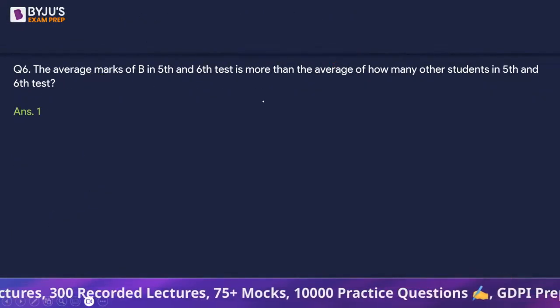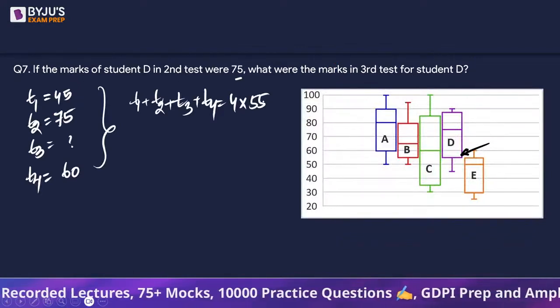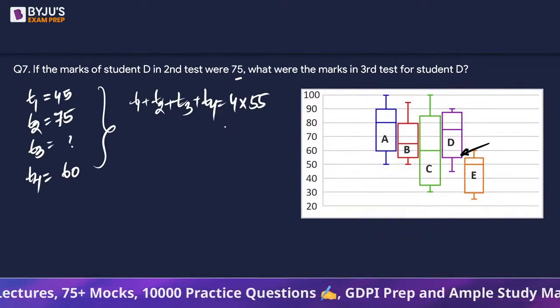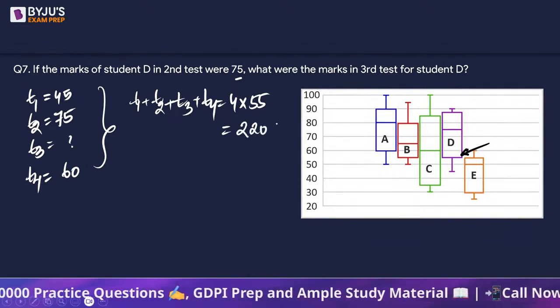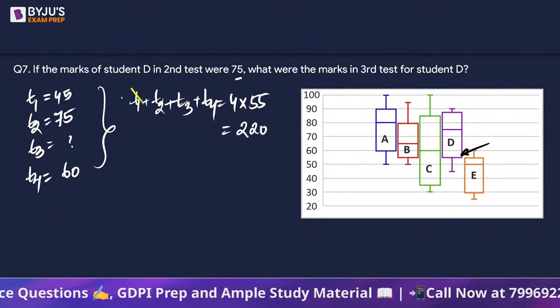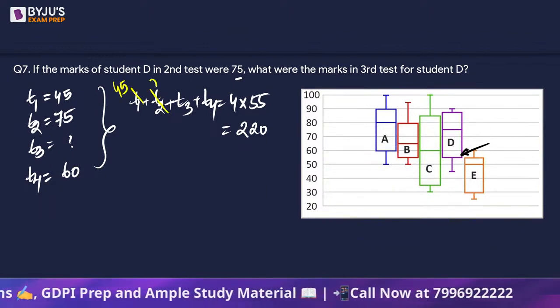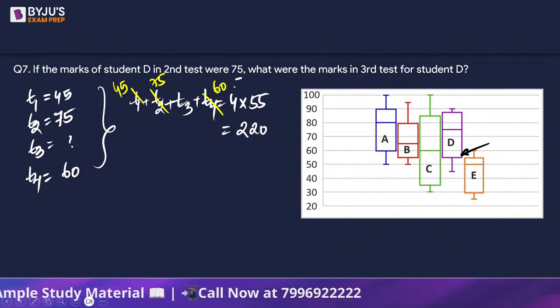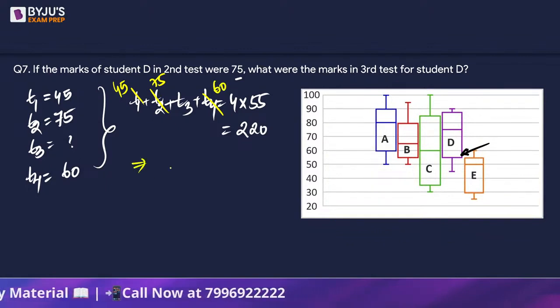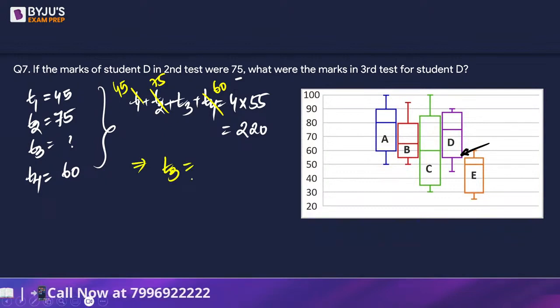D का we got as 60, no? फोर्थ में, हाँ ठीक है. So this is going to give us 220, out of which we know that first test was 45, second test में he got 75 and fourth test में it was 60. So this will result in third test का 180, so 40 marks. I hope this is clear, right? 40.